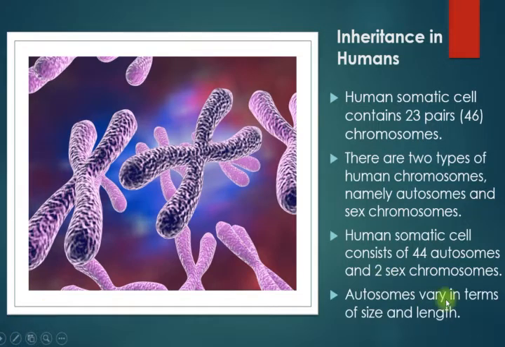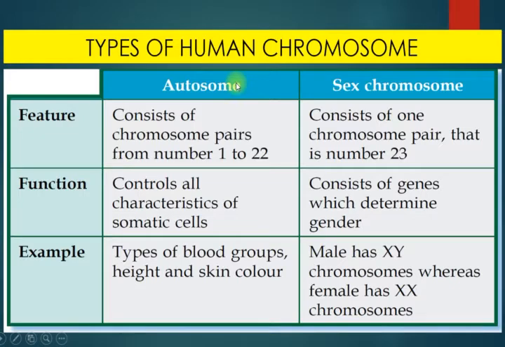Autosomes vary in terms of size and length. So this refers to the types of human chromosomes. In the table, the difference between autosomes and sex chromosomes: autosomes consist of the chromosome pairs from number 1 to 22.